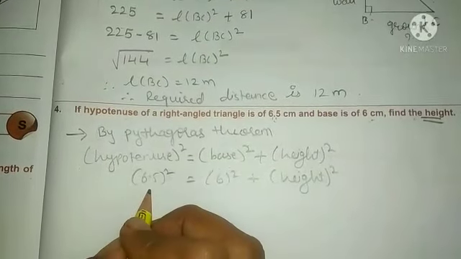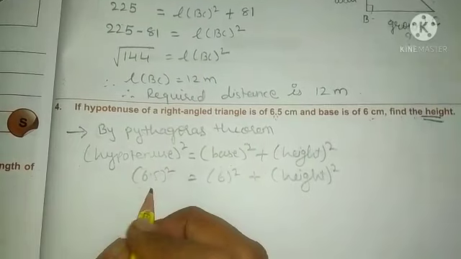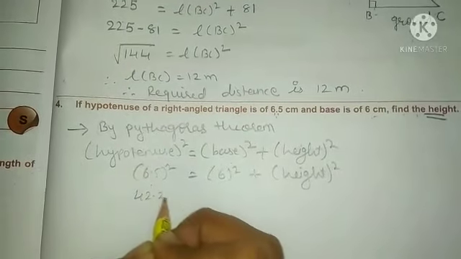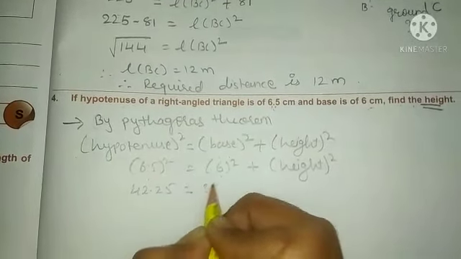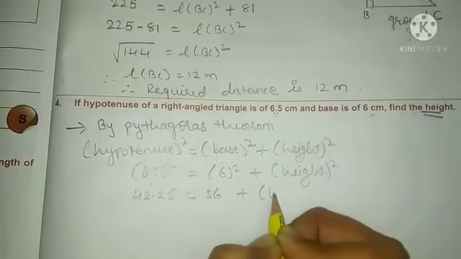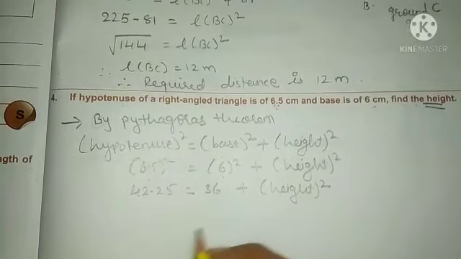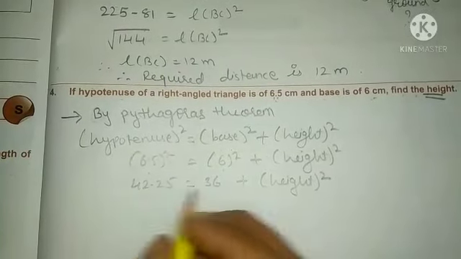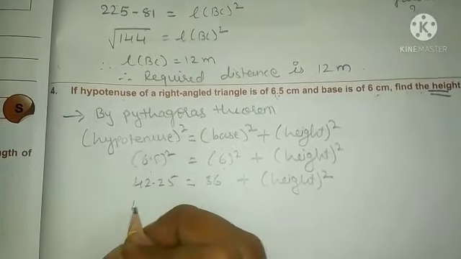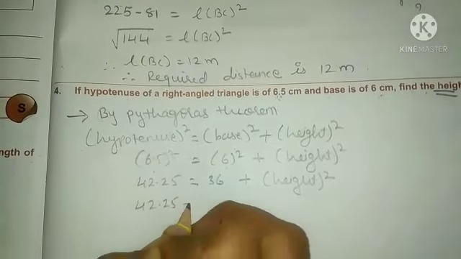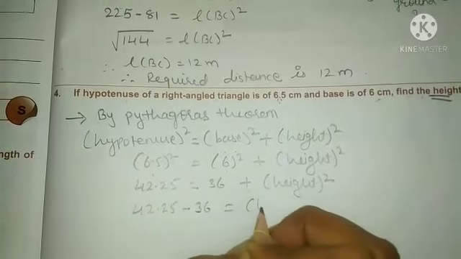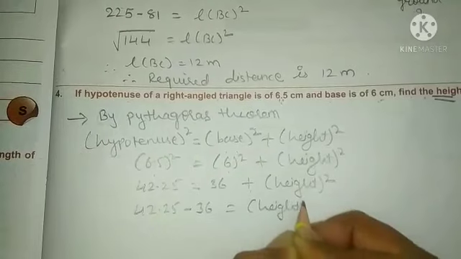So 6.5 into 6.5, what will you get? You will get 42.25. 6 square you will get 36, plus height square as it is. Clear? Now this 36 you have to take on the left hand side. So addition will become subtraction. So 42.25 minus 36 is equal to height square.